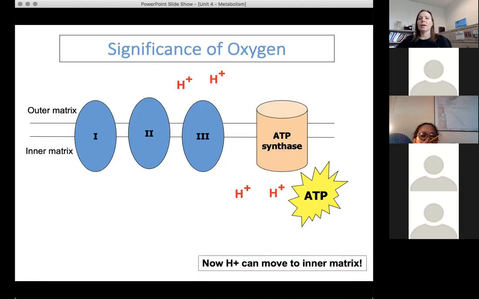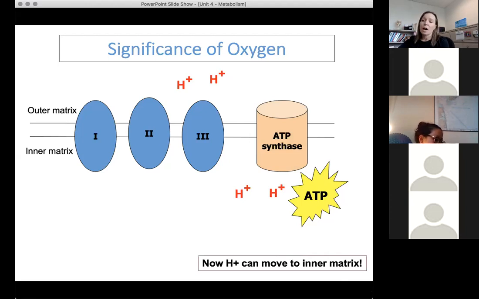So let's see, I just want to fill in this part of your outline and then I'm going to stop there. So it explains that oxygen binds to the electrons, binds to the hydrogen ions to form water.